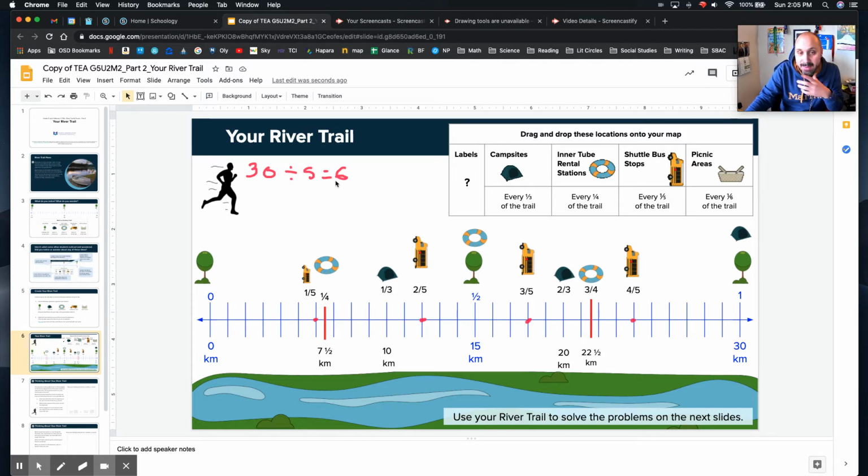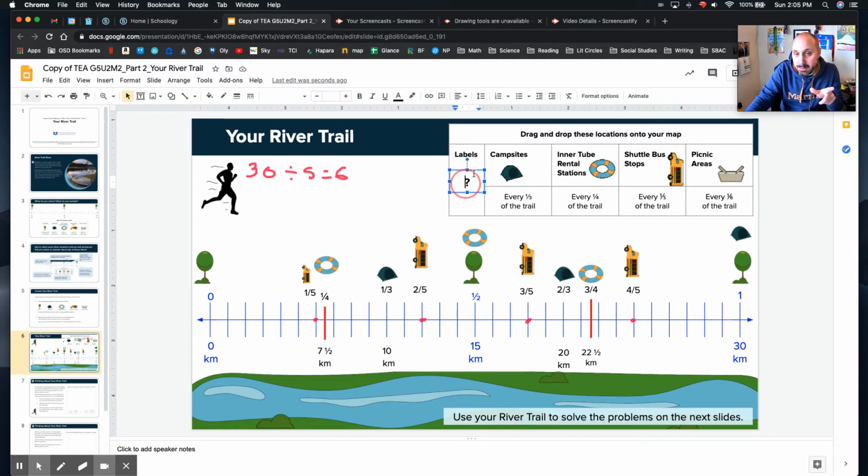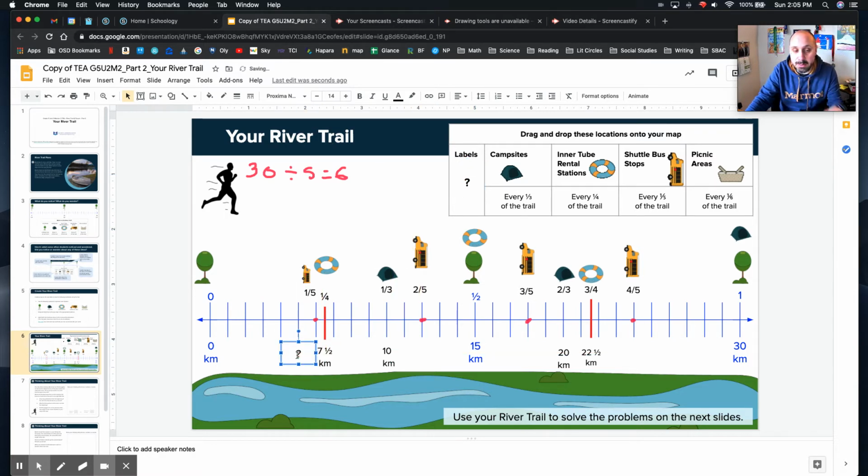So every 6 kilometers is a fifth. I'm going to start with my 6 kilometers. All right, 6 kilometers. We're going to make that a little smaller again. I'm actually going to go smaller for this one again, just because it's, wow, Mr. Mac. Wow, come on.